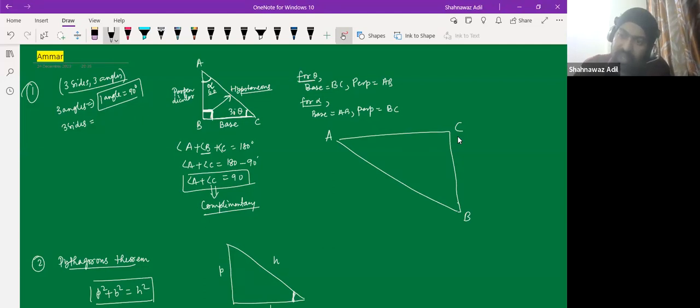Can you identify which angle is 90 degrees? C. Absolutely correct.